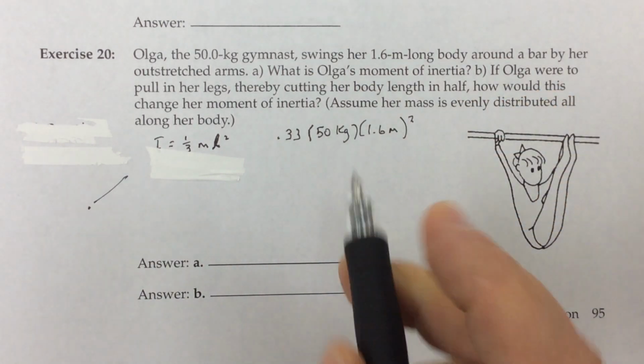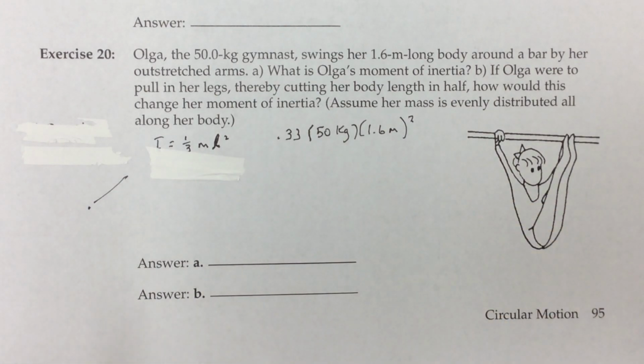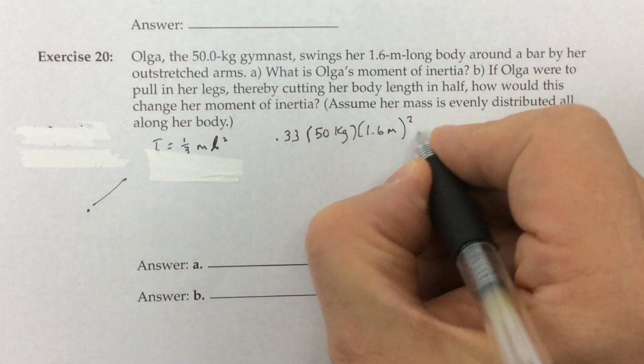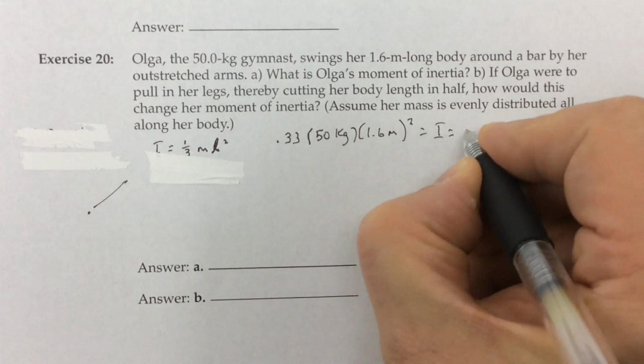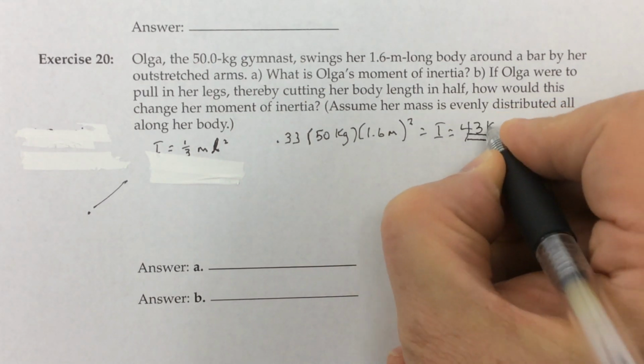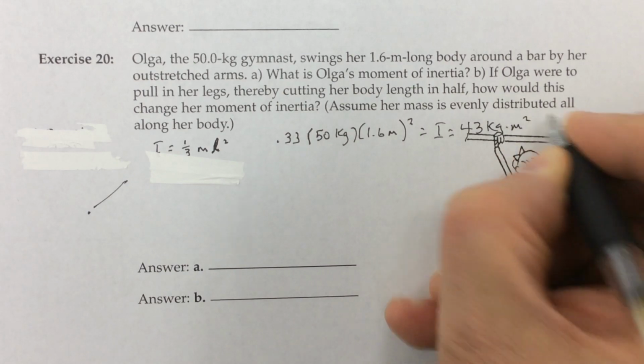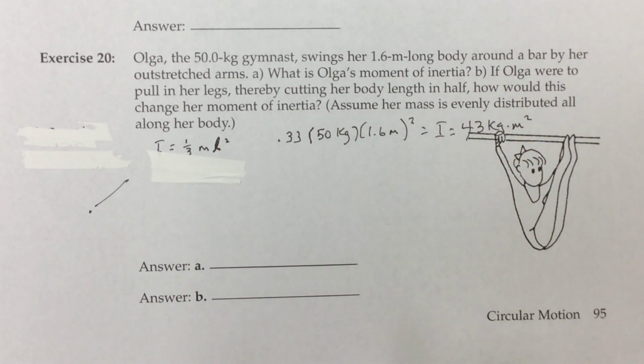So the first one is what's her moment of inertia. This is easy, it's just what we've been doing before. Times this, times 1.6, times 1.6. So her moment of inertia, or her I, equals 43 kilograms times meters squared. That's the first part.